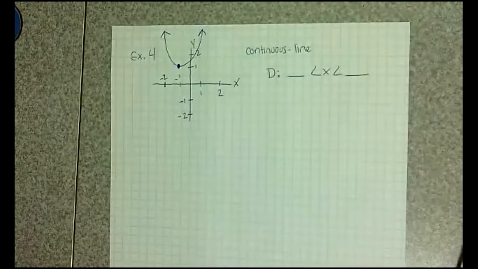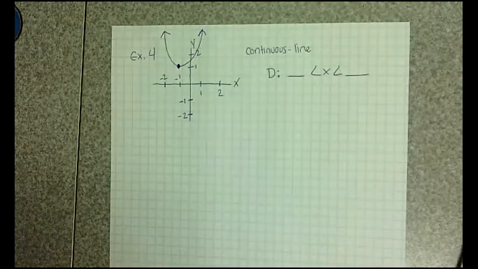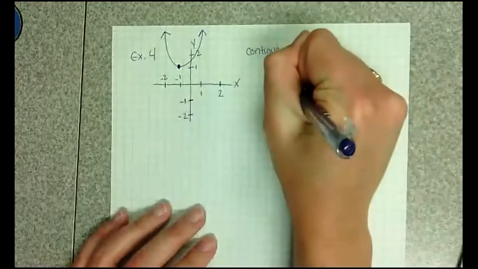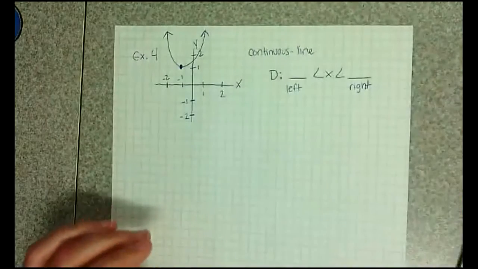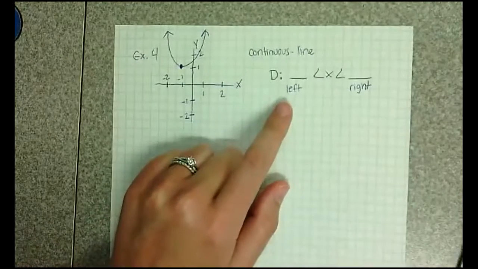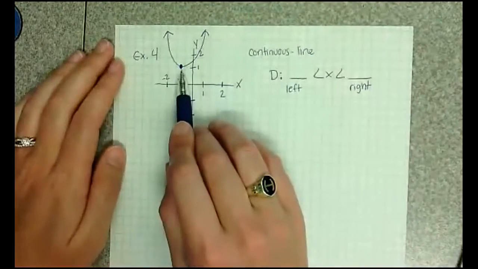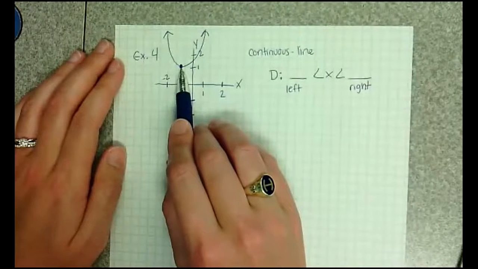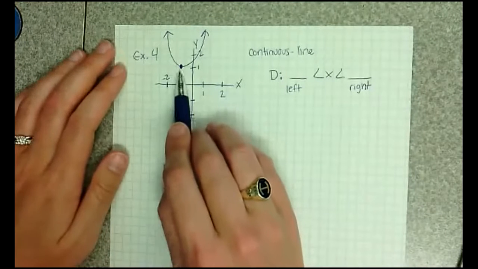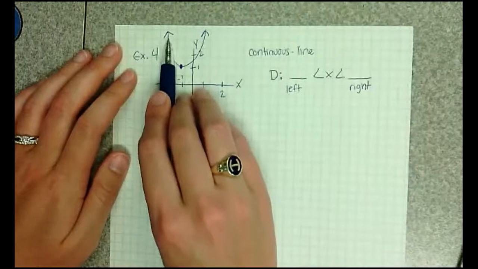Okay, and we're just gonna fill in the blanks. So domain is X, left to right. On here, the left part of my graph, so it doesn't stop. Will it be -1? So it goes past that. I still have line over here.